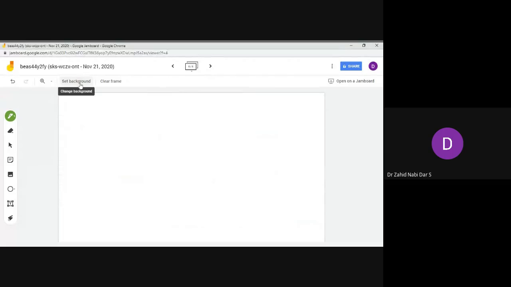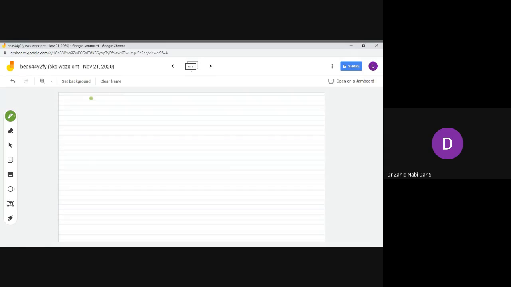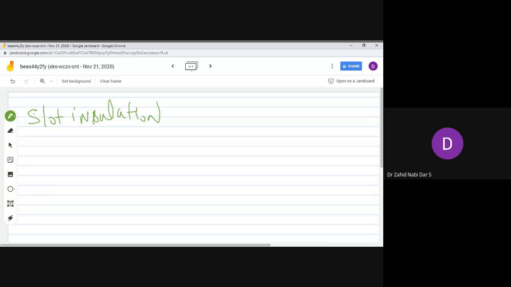Now let's go to the point of slot insulation. What is the slot insulation? So this is the slot insulation. If you see, there is a semi-closed slot.